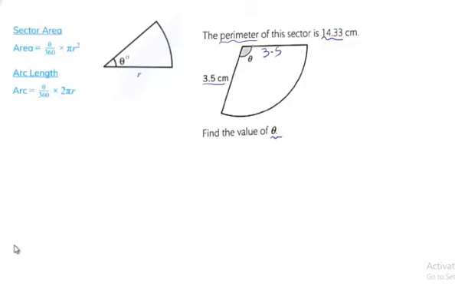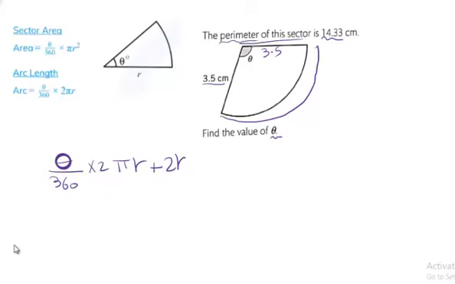Since we have the perimeter, we have to write its formula, which is theta over 360 multiplied by 2 pi r, all of that plus 2r, because when you find the perimeter you are adding all outer lines, the arc and the two radii.